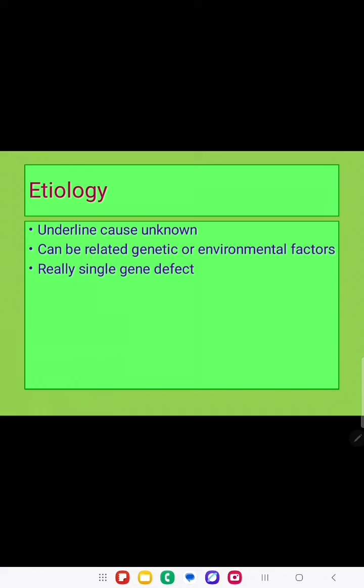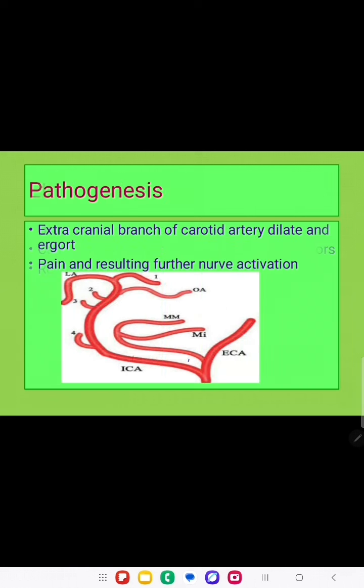Etiology. The underlying cause is unknown, but it can be related to genetic or environmental factors. Rarely, a single gene defect or familial hemiplegic migraine with autosomal dominant pathology. It mainly occurs when the extracranial branch of the carotid artery dilates, an ergot.